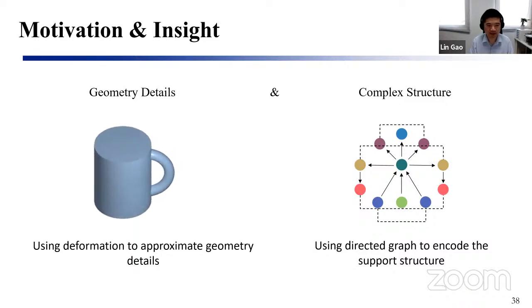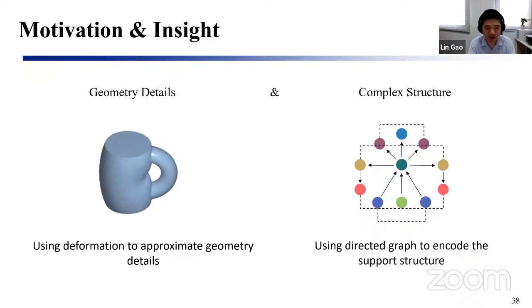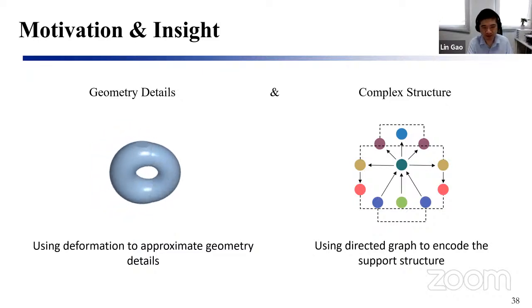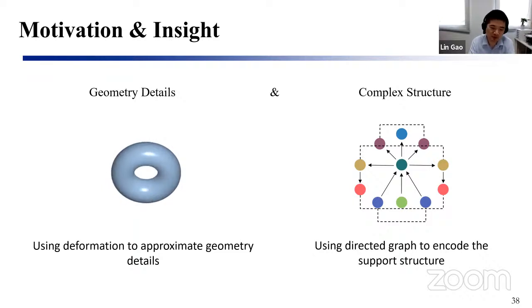So the vertex connectivity between the humans is also the same, and we do not pay much attention to the structure of the humans. But for man-made objects, we need something new to handle this complex structure. So here we use a straightforward graph structure to encode the structure of the man-made object.